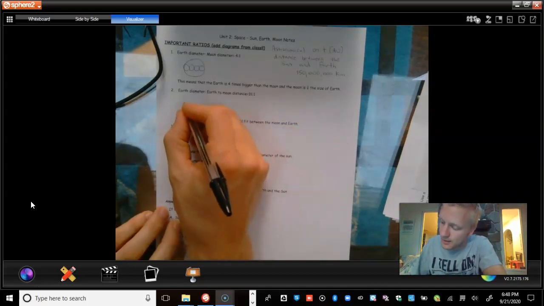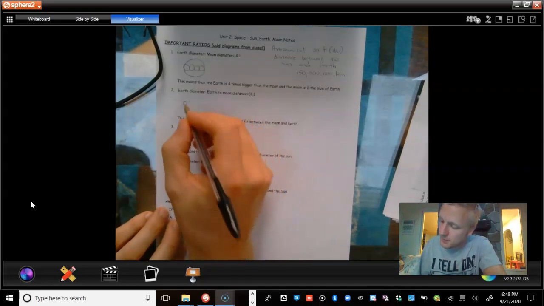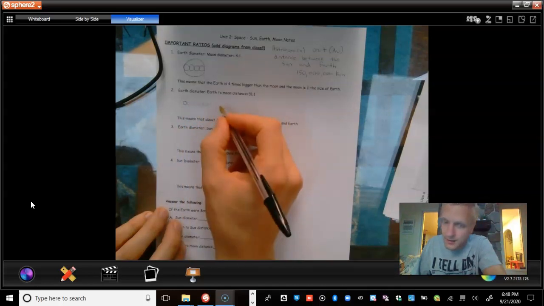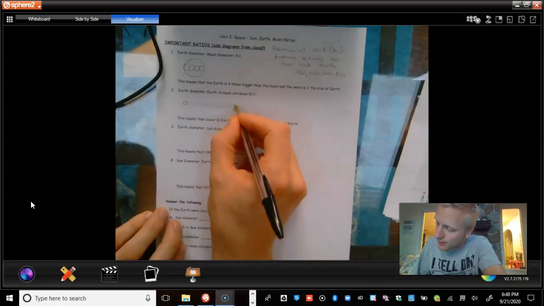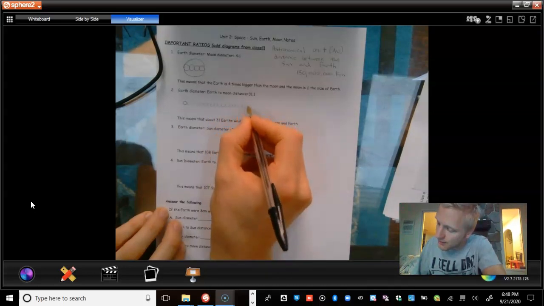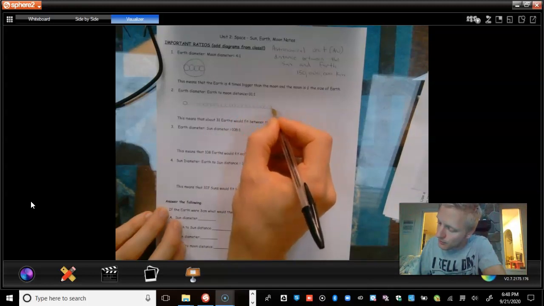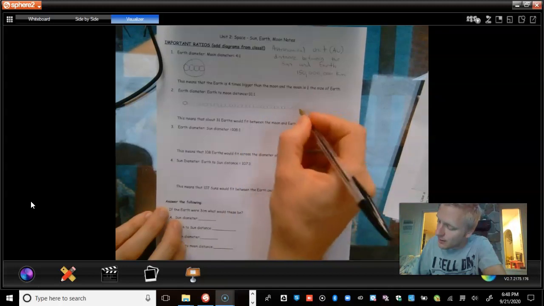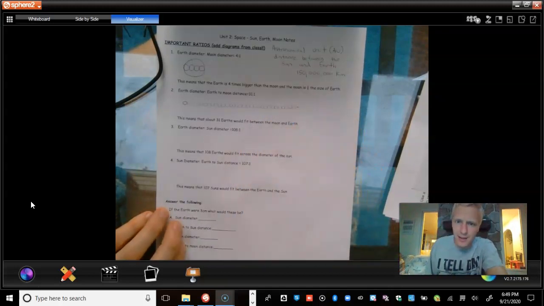So we're going to make the Earth really small. So we have 1, 2, 3, and so on up to 31, and we're going to make the moon right there. And just think about that.